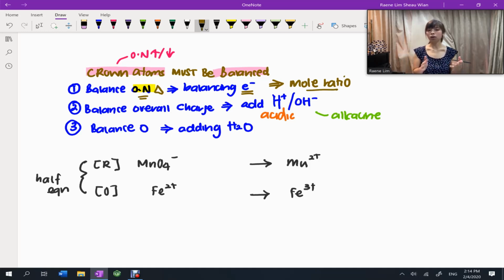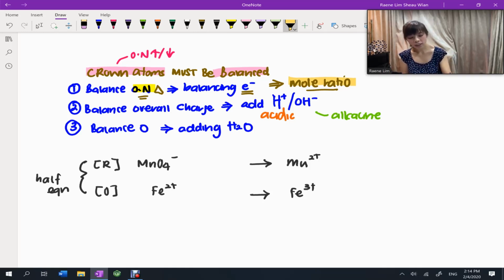I'll show you a demo, then I will practice the fast method with you. After doing step number 1, you get a mole ratio. Now let's ignore step 2 and step 3 first, because really it is step number 1 that gets you your mole ratio, and in any balanced equation, once you get the mole ratio, you can solve the calculation question.